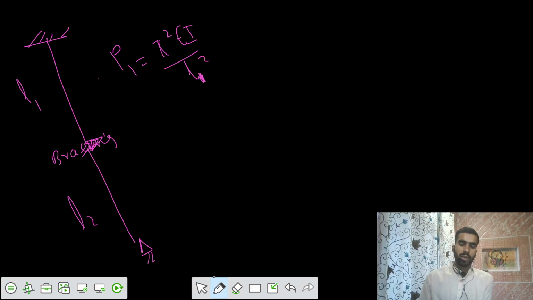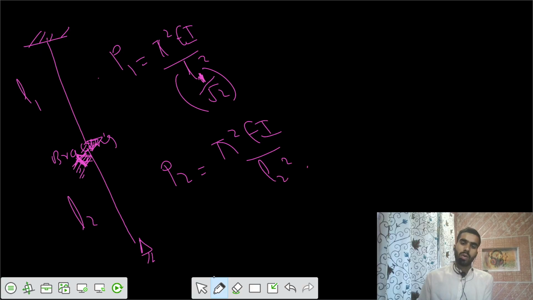Actually, it's not L1 square, that is the effective length, and effective length equals L1 by root 2 whole square. For P2, we write it as some sort of simply supported or pinned, which is equal to pi square EI by L2 square.